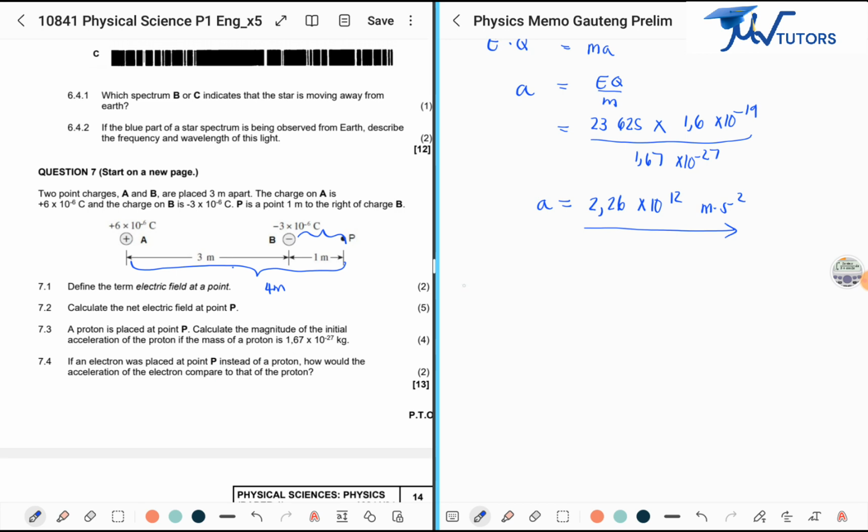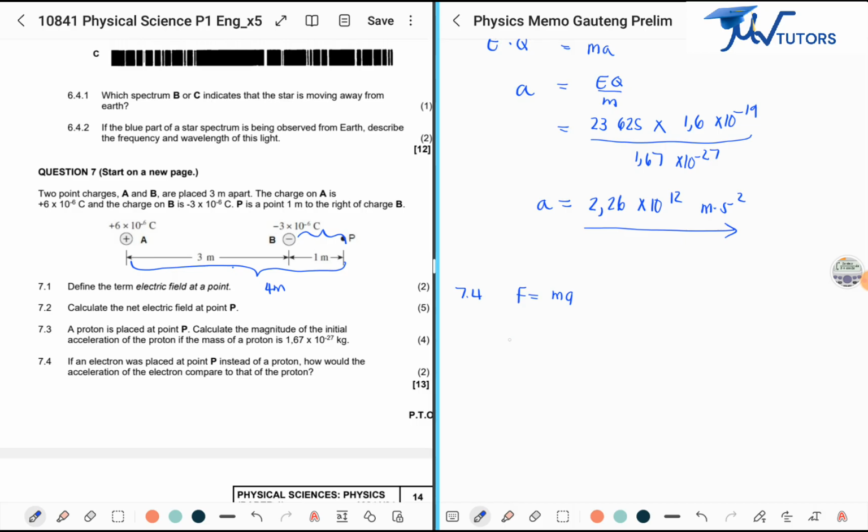And then now 7.4, it says if an electron was placed at point P instead of a proton, okay, so electron, now the charge is negative, how would the acceleration of the electron compare to that of the proton? Are you expecting an electron to be faster than a proton? Well, looking at acceleration, right, force is equal to mass times acceleration.